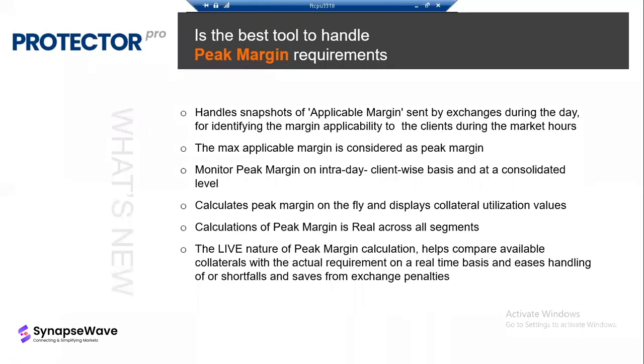Yes, this is the consolidated max margin which is required. There is a peak margin required, so whether we are covered or not. It calculates the peak margin on family basis and displays the collateral utilizations also. Similarly, on the family grounds also, you can have the peak margin calculation, where you have positions in some client account and you have collaterals in a different account.